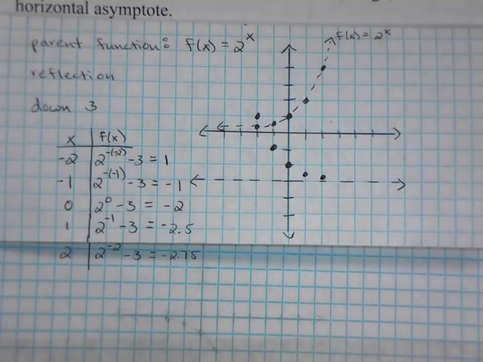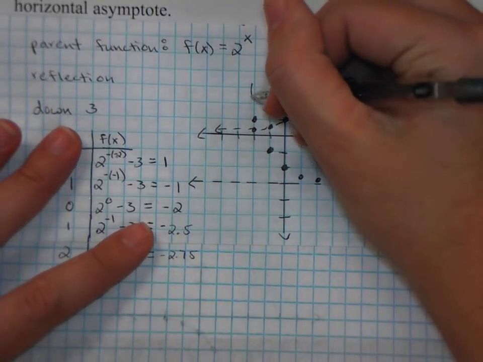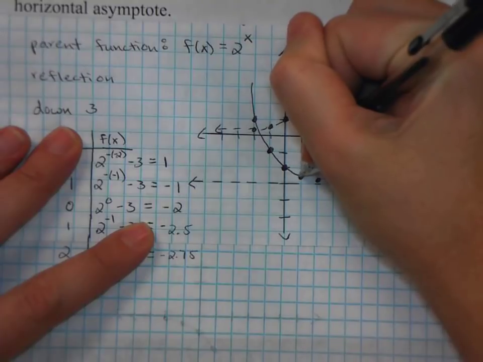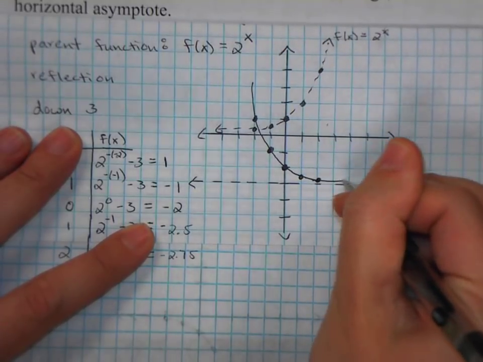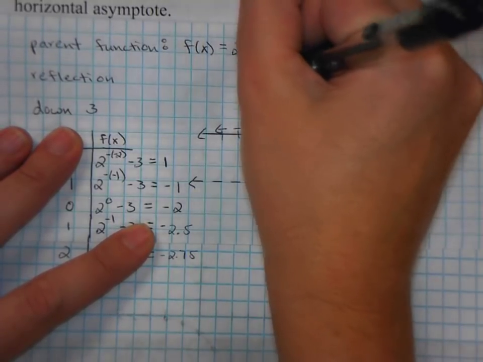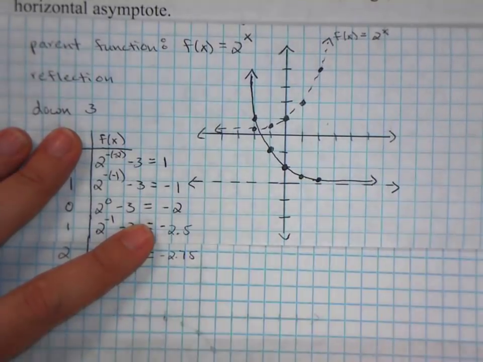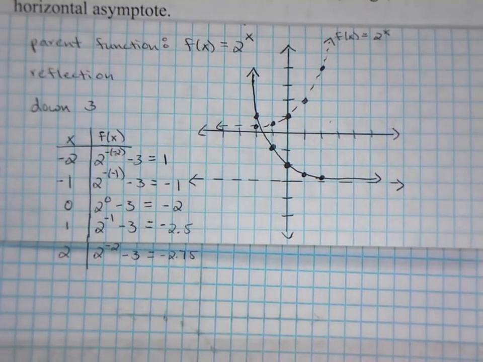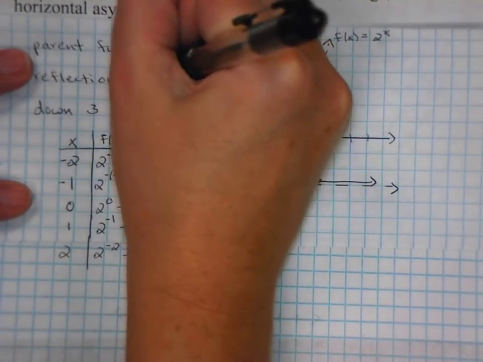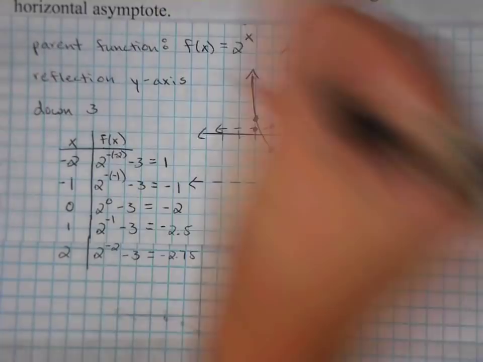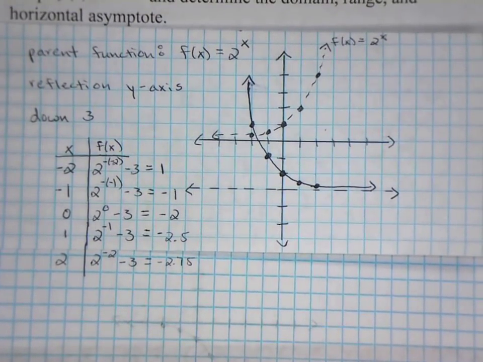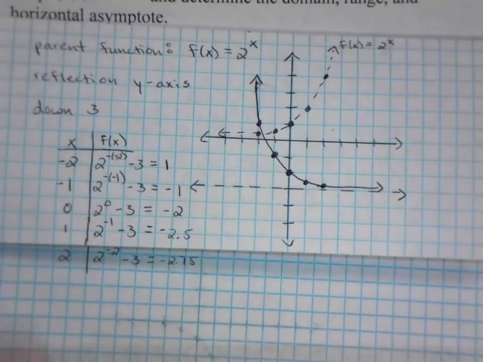And then if I try my best to draw on this curve, again, hopefully you can discover what the reflection was here. It looks as though there was a reflection over the y-axis. So if you're going to see a negative in the exponent, you're going to see a reflection over the y-axis.